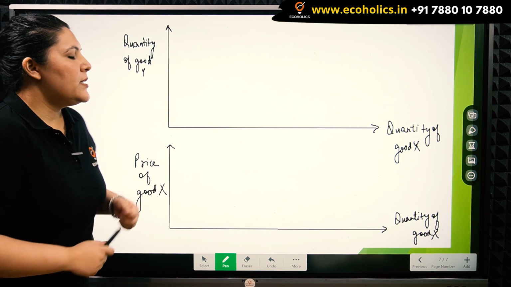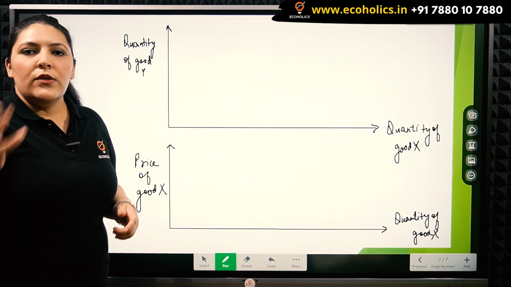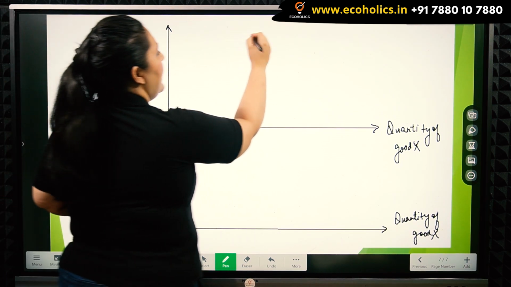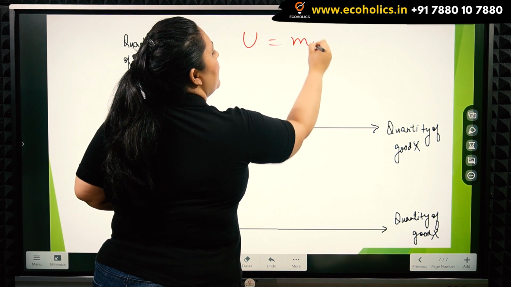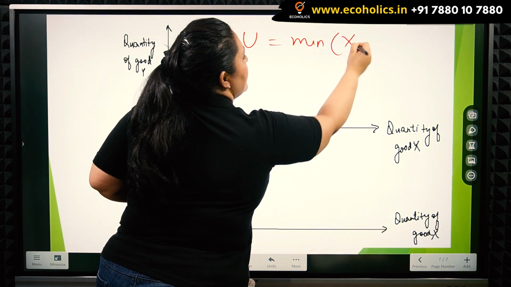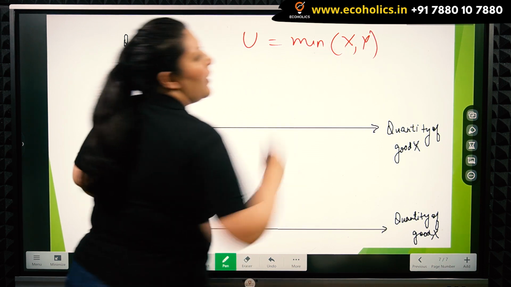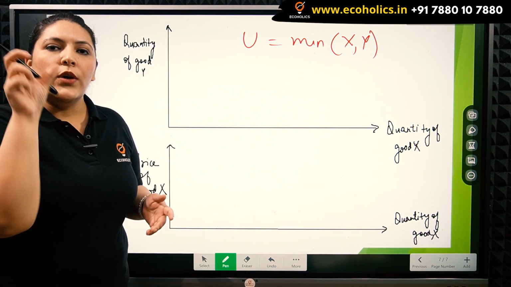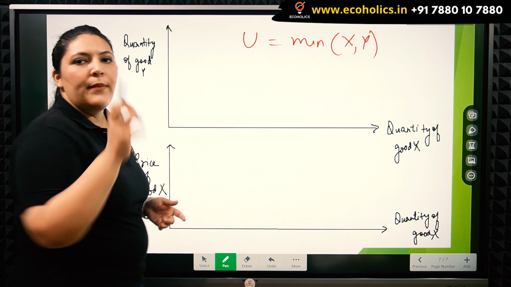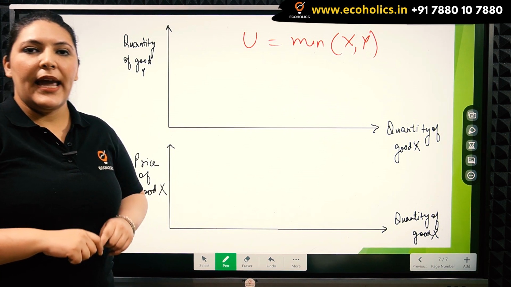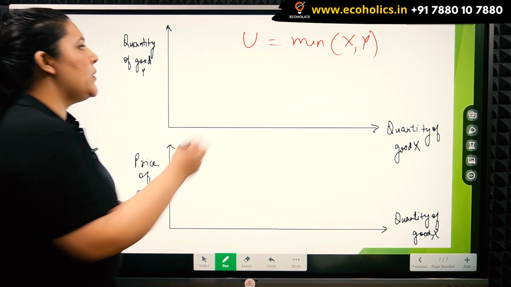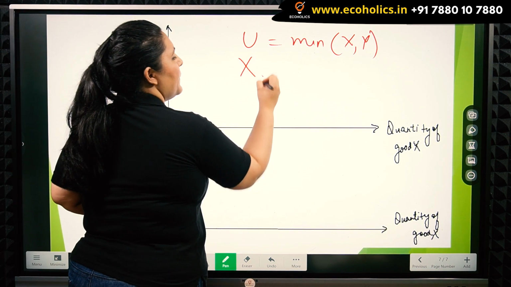Graphically, we'll be doing the same here. We can also remember that this utility function U equal to the minimum of X and Y ensures that the quantities of X and Y demanded will always be the same. The demand equation for commodity X and commodity Y can be denoted in this format.